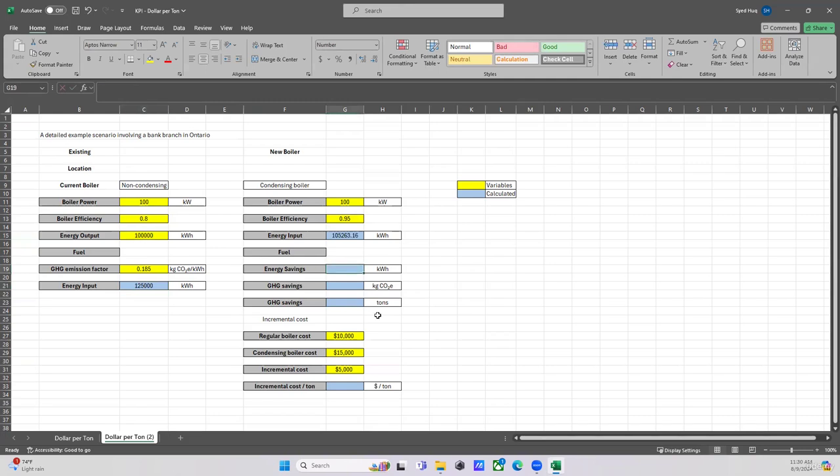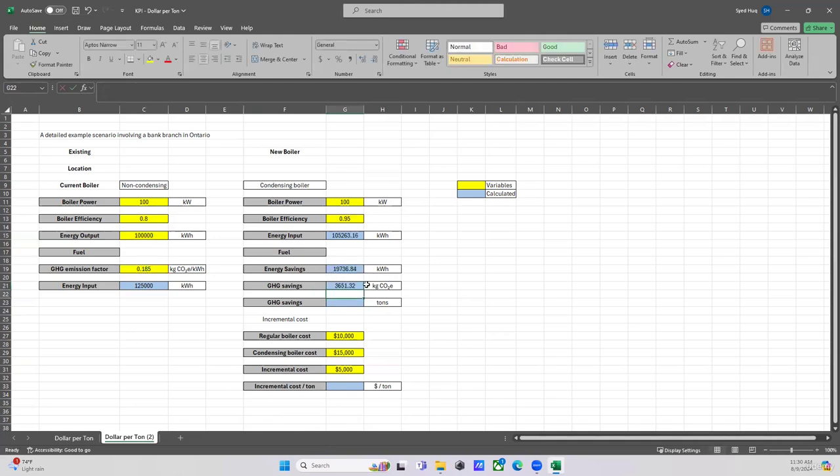Now let's calculate the amount of reduction of energy. It's equal to the old energy input minus the new energy input, which gives you the amount of energy savings. What is the equivalent greenhouse gas reduction? It's equal to this divided by the rate of carbon dioxide emission per kilowatt hour, which is 0.185.